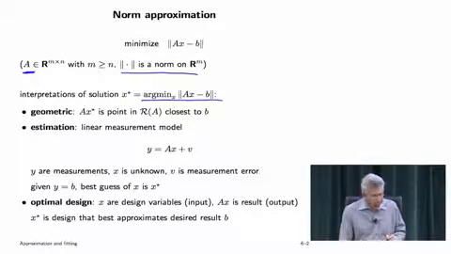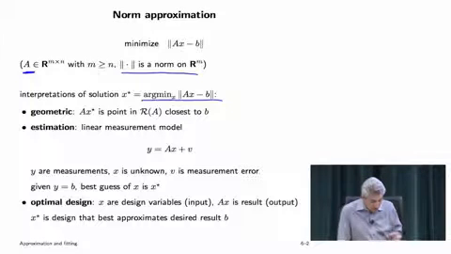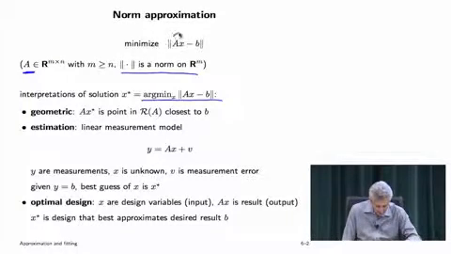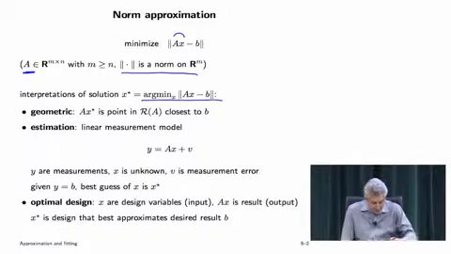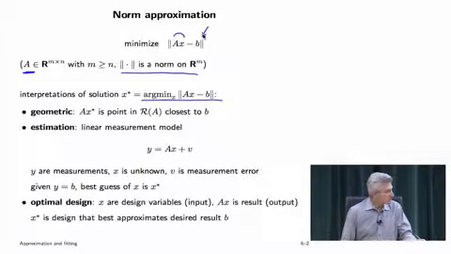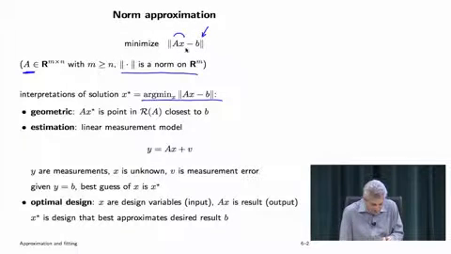Okay, so what's an interpretation? Well, there are lots of interpretations. The first one is geometric. Basically, vectors of the form Ax, where x varies, sweep out the range of A, right? So that's a subspace. And then you have a fixed vector b, and you have the distance, as measured by the norm, between b and Ax.